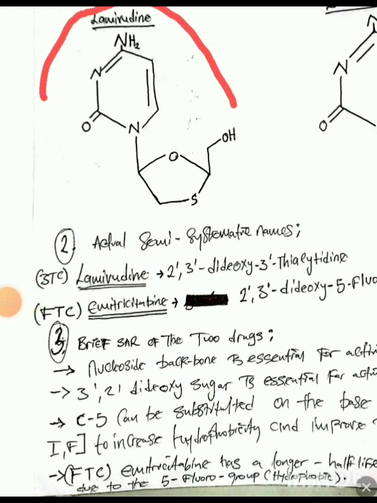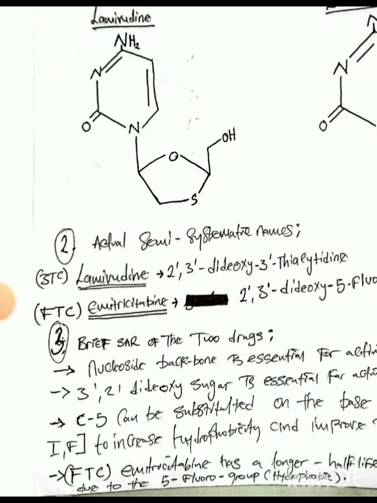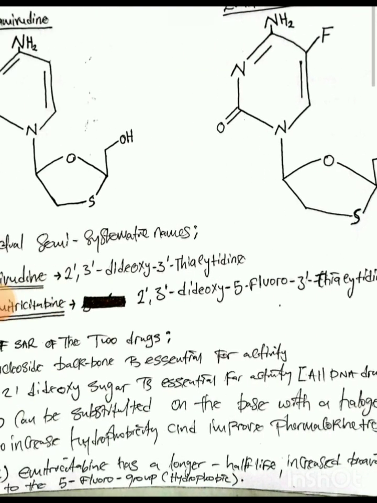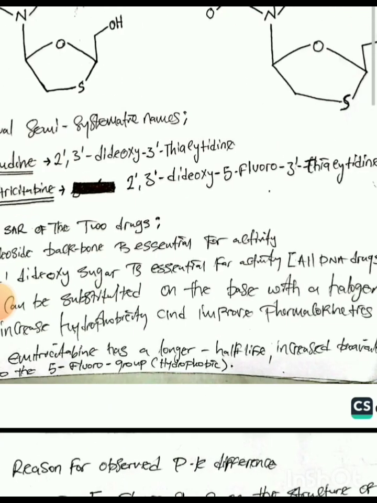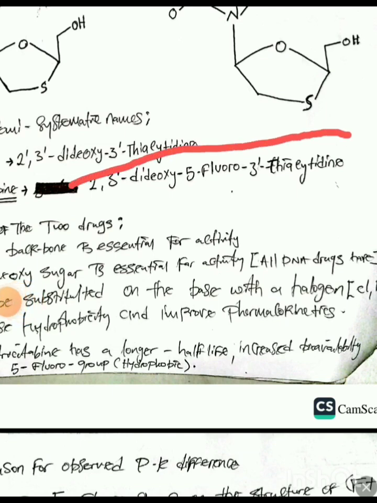So cytosine plus the dideoxy sugar gives us cytidine. Okay. Emtricitabine, on the other hand, can be known as 2 prime 3 prime dideoxy 5-fluoro 3 prime thiocytidine.